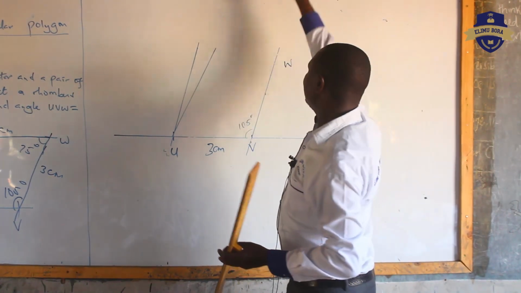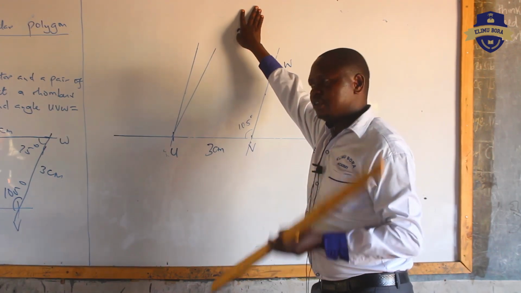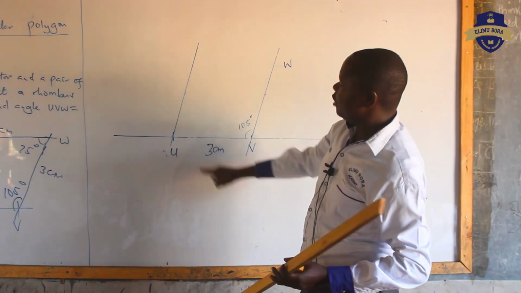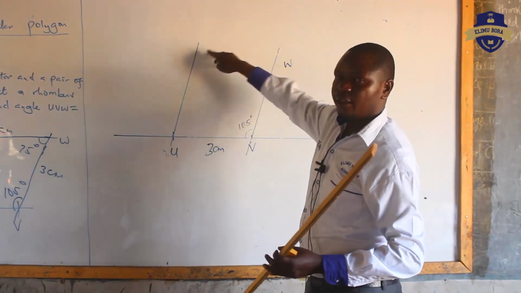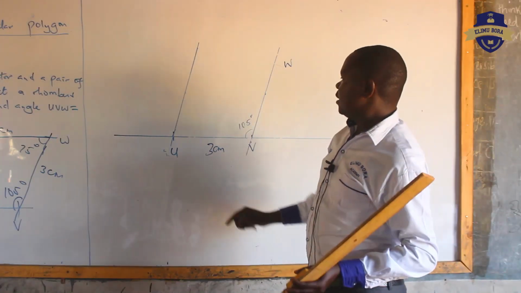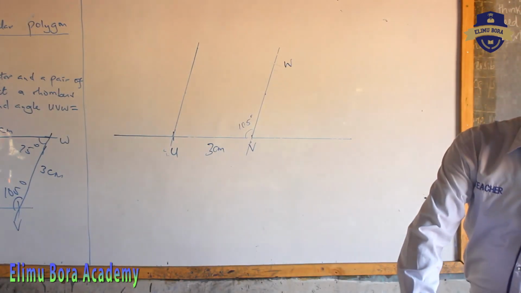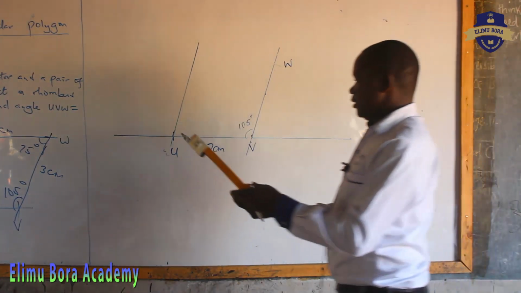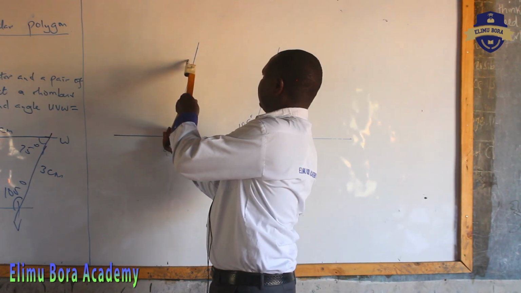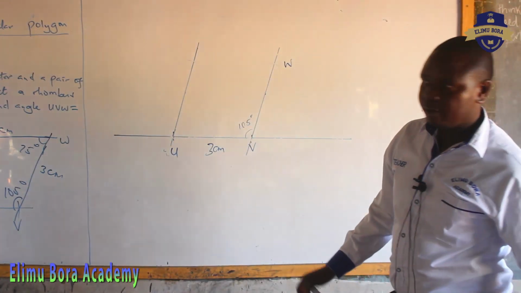If you extend them, they are going to meet at a certain point. Are we together? So that one is not a rhombus. Make sure it is exactly 75 degrees, and when you measure the interdistance between those two parallel lines, it's the same. Again, UZ is also going to be 3 centimeters. So that is our point Z.